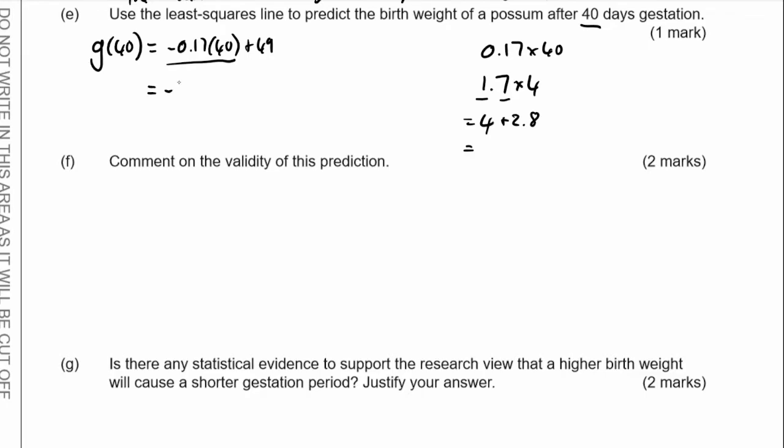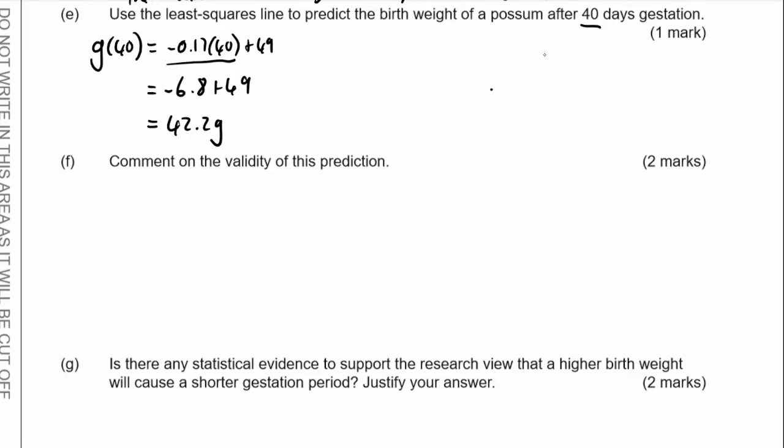So that's going to equal minus 6.8 plus 49. Then I'm going to do some subtraction. 49 take away 6 is 43. 43 take away 0.8 is 42.2 grams. And that's only worth 1 mark. So they're only looking for the 42.2 grams.